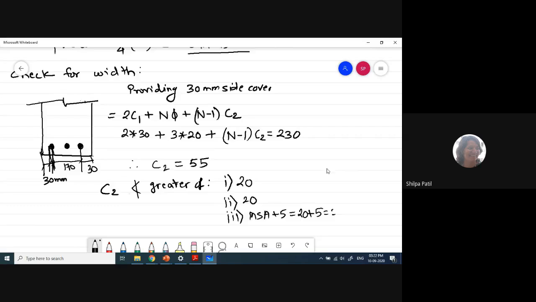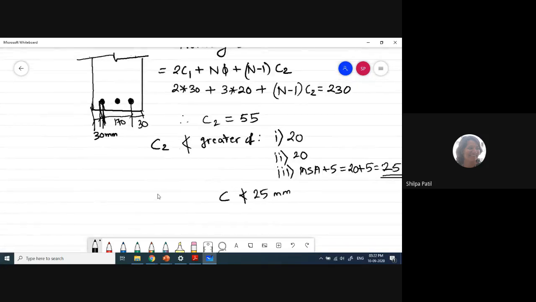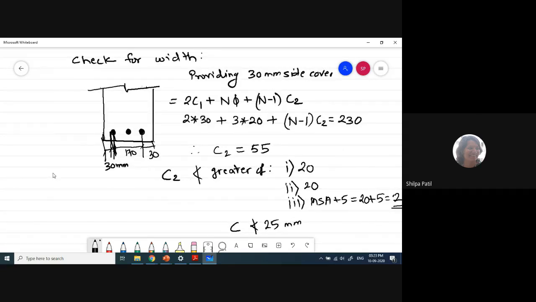So C2 should not be less than greatest of these three values, that is, C2 should not be less than 25 mm, and it is satisfying our criteria. So whatever the diameter of the bar we have considered and whatever the width we have provided, everything is okay, right? Have you got it, students?